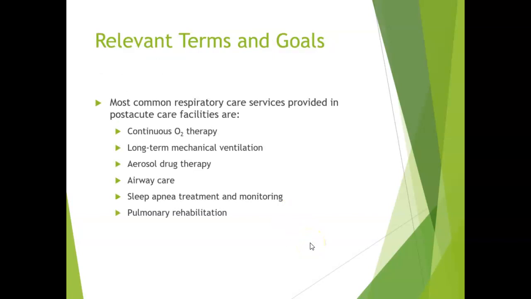Some common respiratory care services provided in post-acute care facilities, such as long-term care facilities or even at home, would be continuous oxygen. That's probably the main one. Long-term mechanical ventilation is another one. Trying to get patients into facilities that will take mechanical ventilators is challenging.